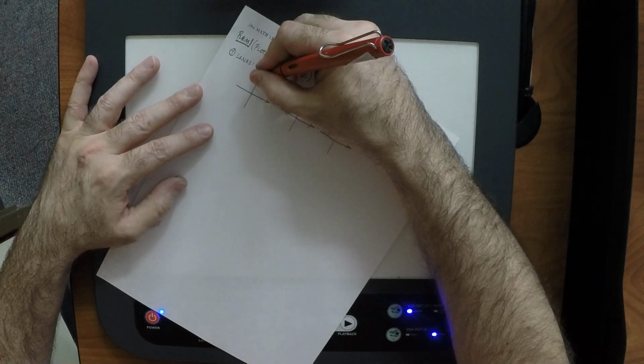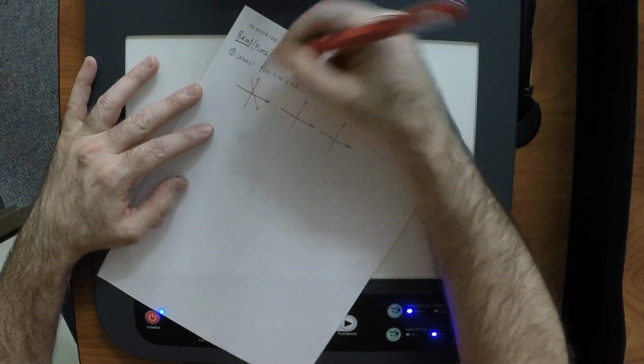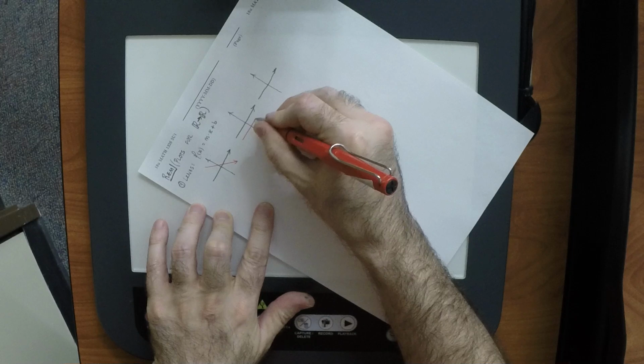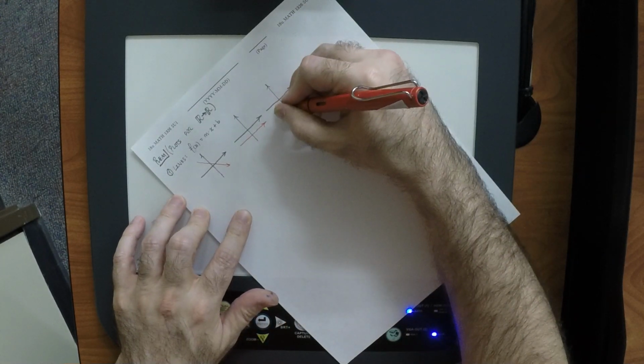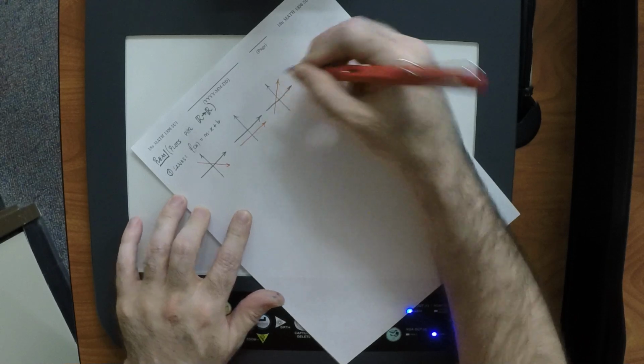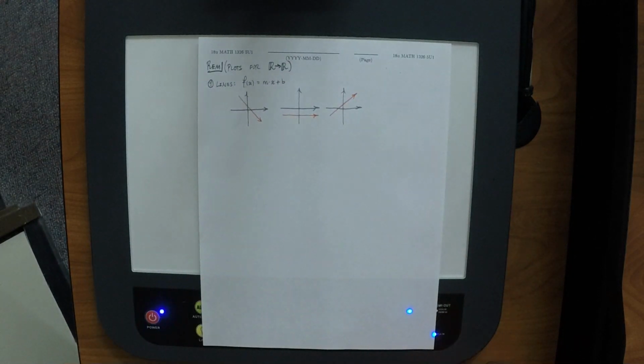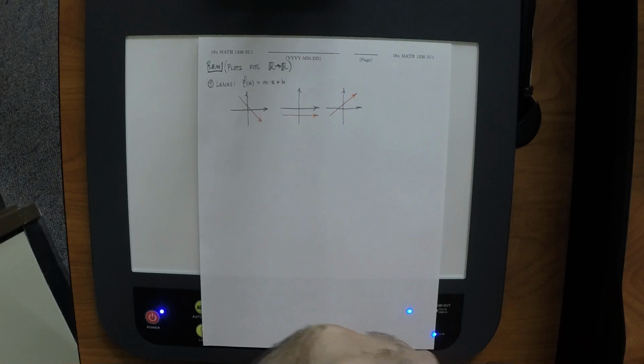So here's three separate lines. Okay, so specifically notice that each one of them is flat.